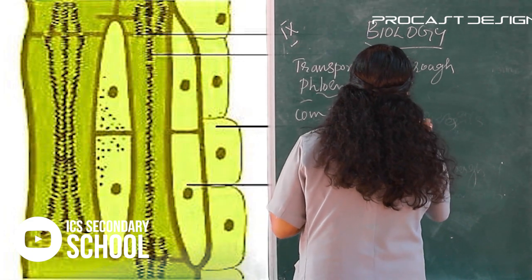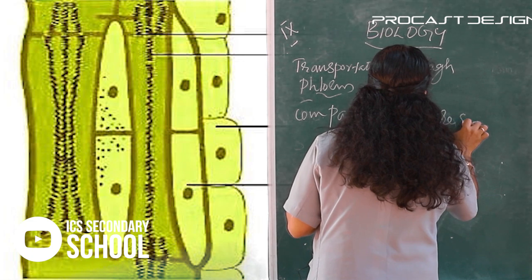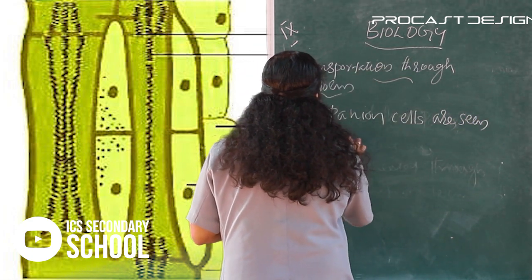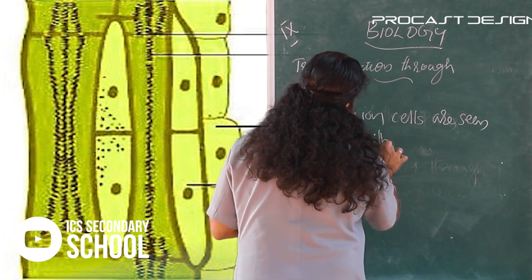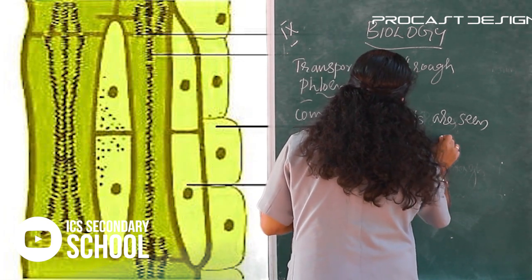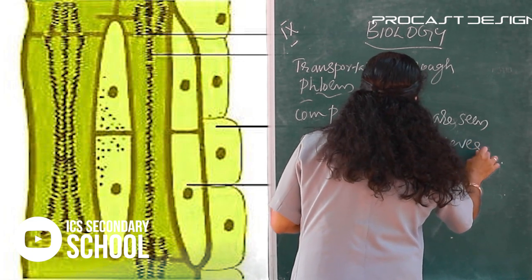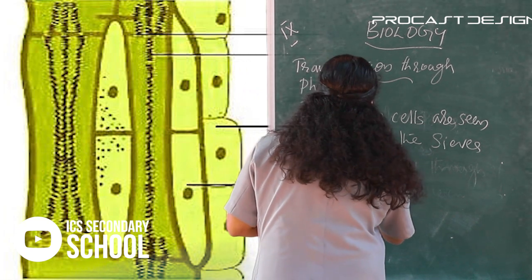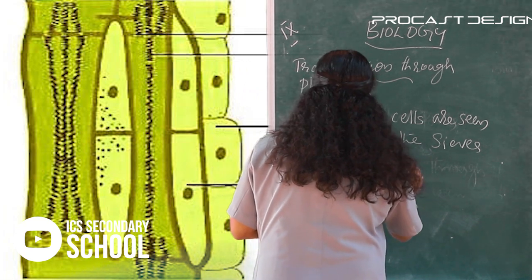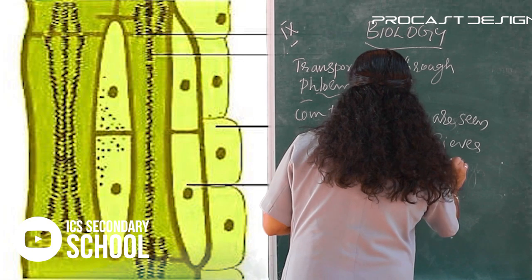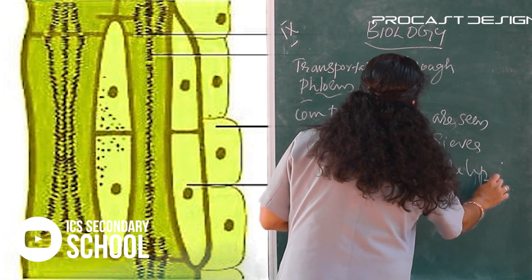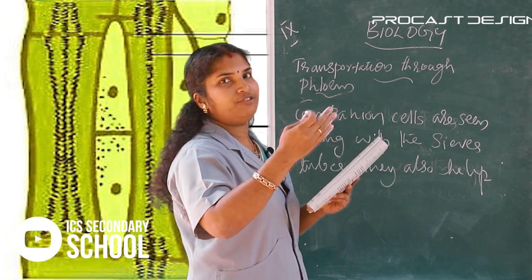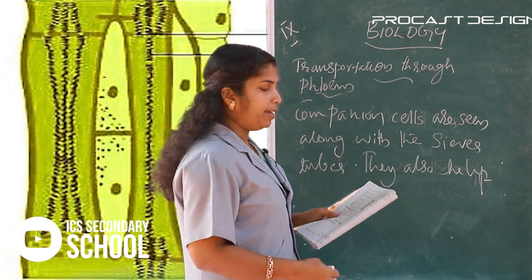Companion cells are seen along with the sieve tubes. They also help in the conduction of food material from the leaf to different parts of the plant body.